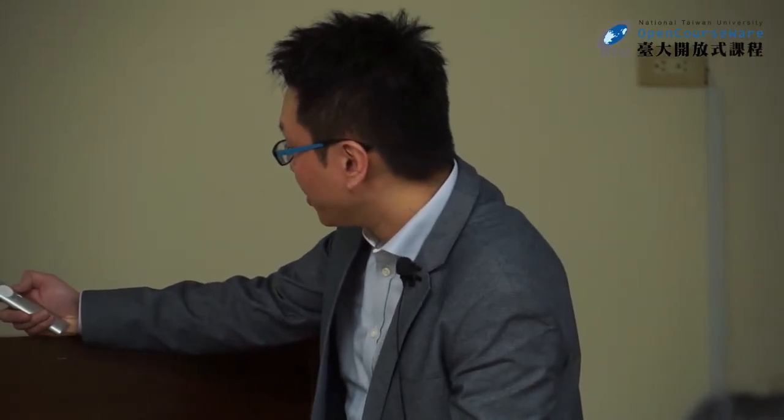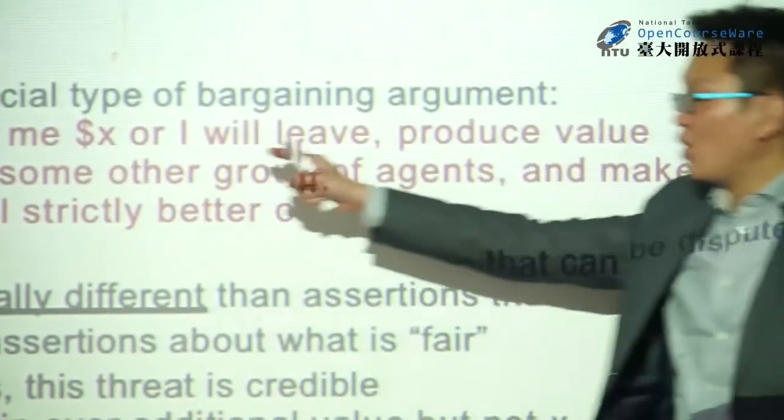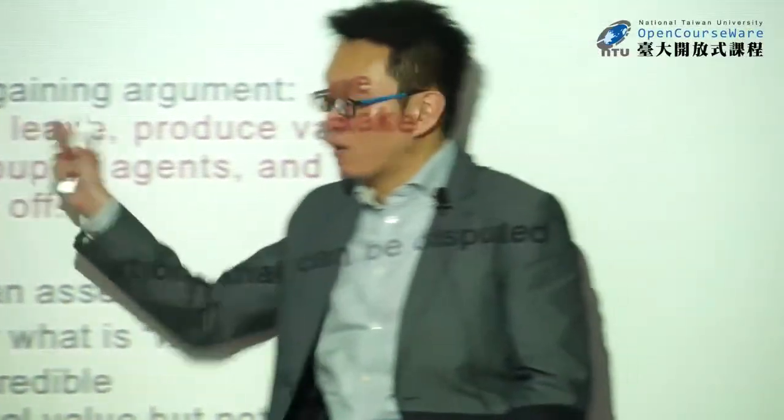Let me work on this example. I repeat what I said about the definition. We spend 1 minute to look at the definition of free market competition. The basic idea to model multilateral bargaining is that each agent can say, pay me certain dollars or value, otherwise I will leave.